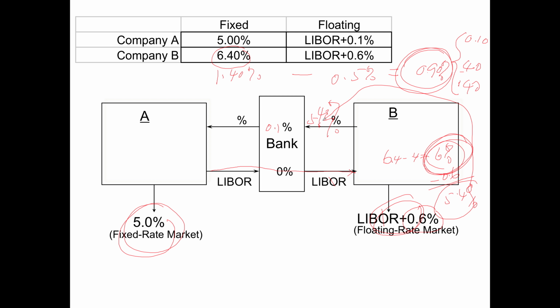Now let's look at this. The bank cuts 10 basis points from whatever it received, 5.4. So what is passed along is 5.3. A will receive 5.3. But how much they pay on their own fixed rate cost is 5%. They also pay the LIBOR rate.